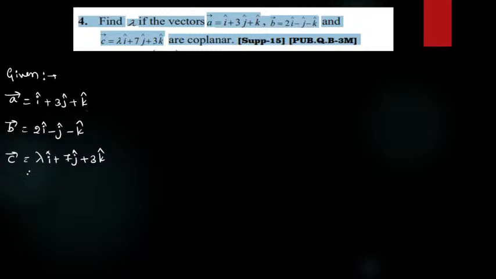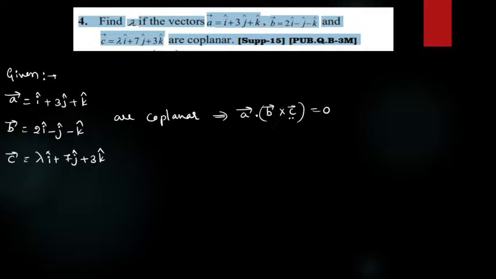Since they told that these are coplanar, according to the condition, their scalar triple product, that is A dot B cross C, is equal to 0.